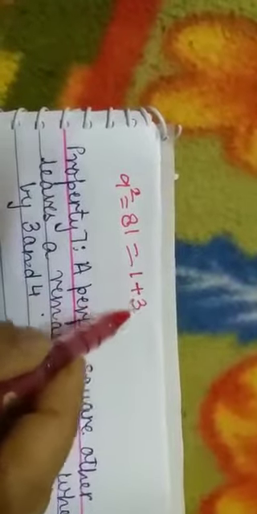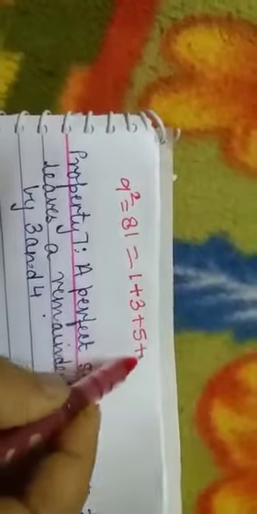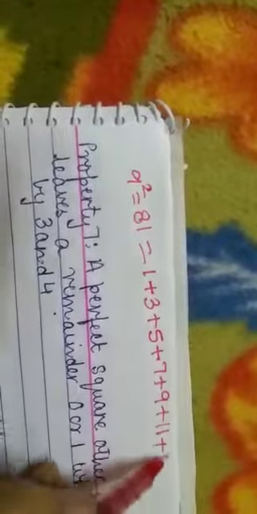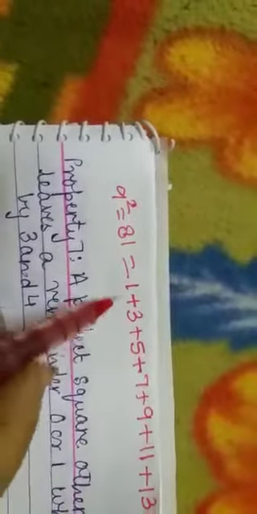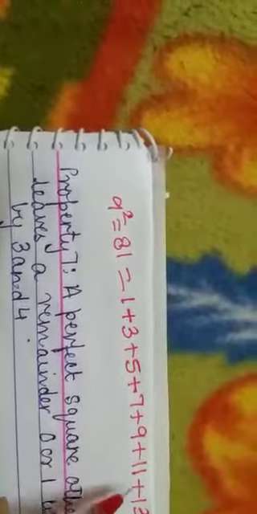I said 9 square is equal to 81. So what are the first 9 odd numbers? It is 1 plus 3 plus 5 plus 7 plus 9 plus 11 plus 13 plus 15 plus 17. That is 1, 2, 3, 4, 5, 6, 7, 8 and 9.